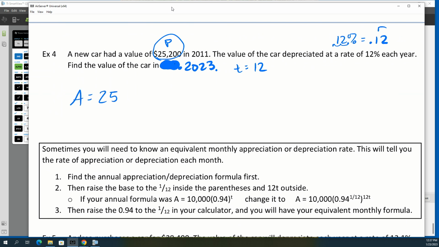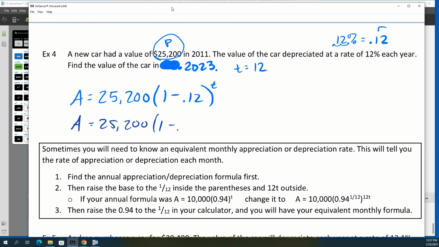All right, so we'll start off and just write the original formula. Now, since this one is losing value, we use the formula with a minus. So are they always going to be increasing or decreasing? Today, yeah, I guess so.